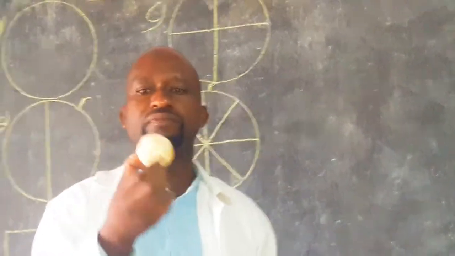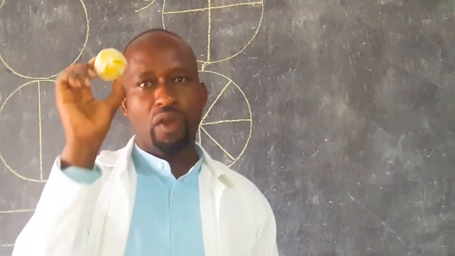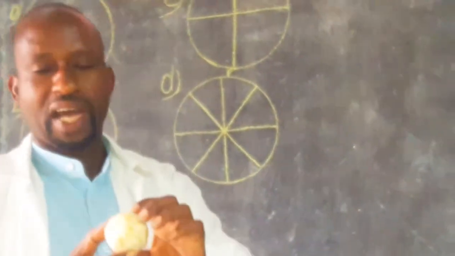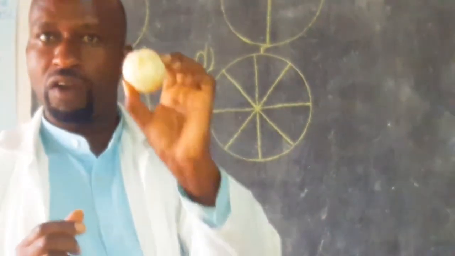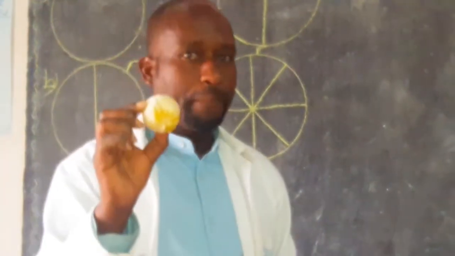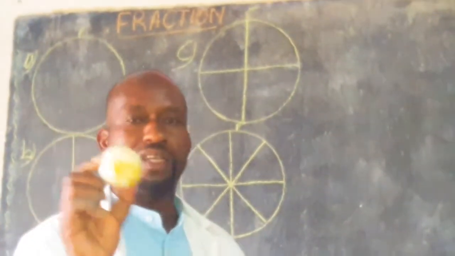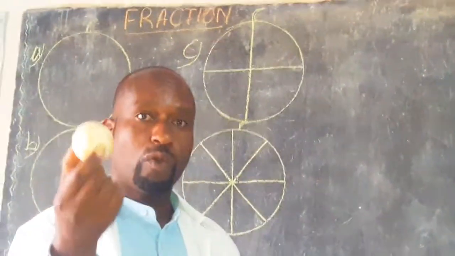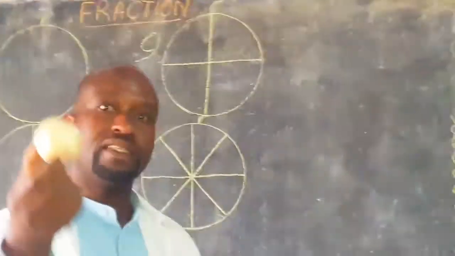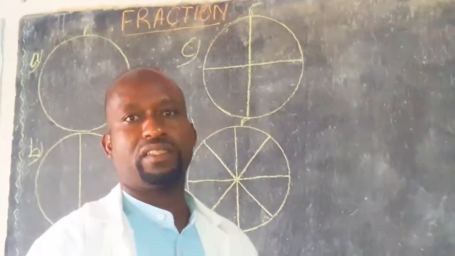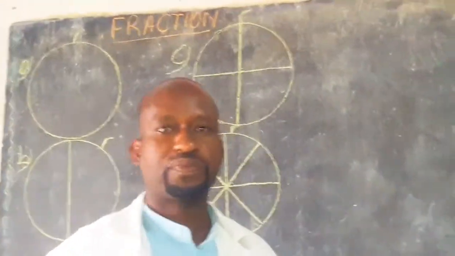I have one orange. The number of orange is 1. That is to say, the whole number is 1 orange.